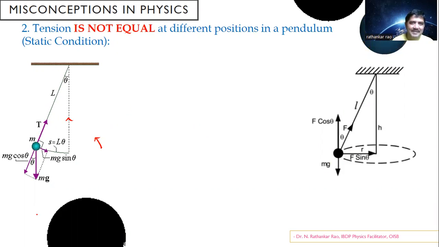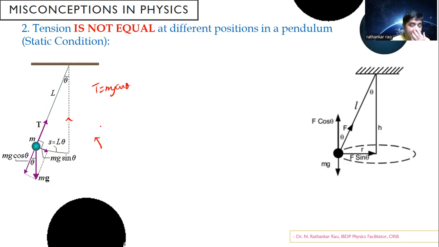And then we'll go for some other problem on pendulums to understand what happens there. Now, as you see here, this tension is balanced by mg cos theta. mg is the vertically downward force and mg cos theta is the component of mg along this direction. So tension is equal to mg cos theta here.